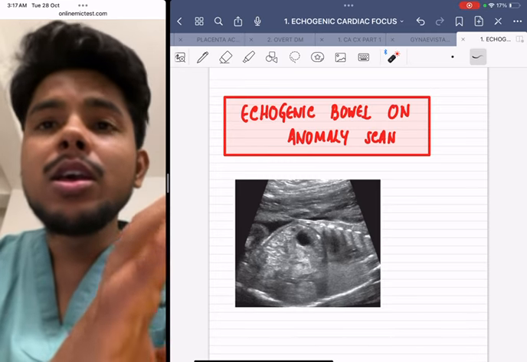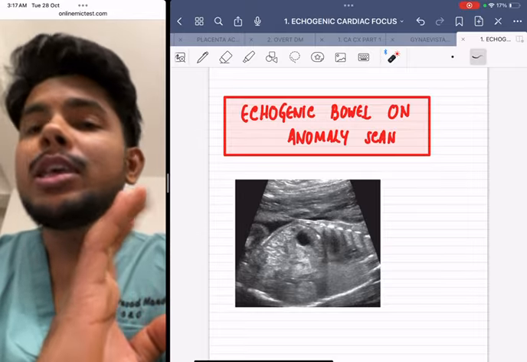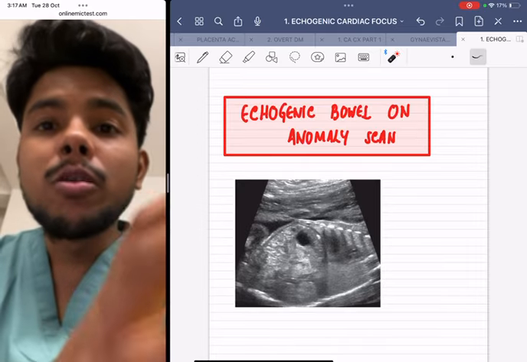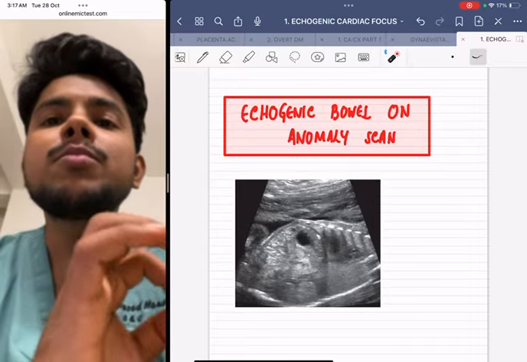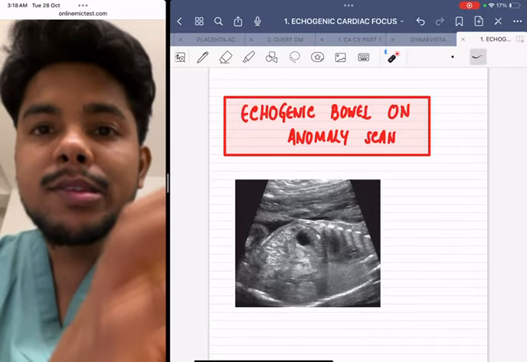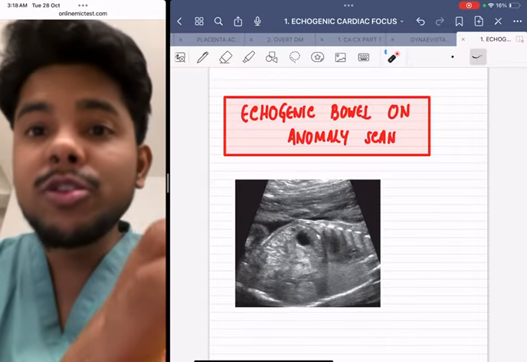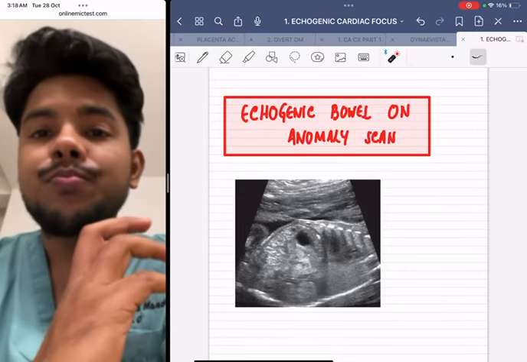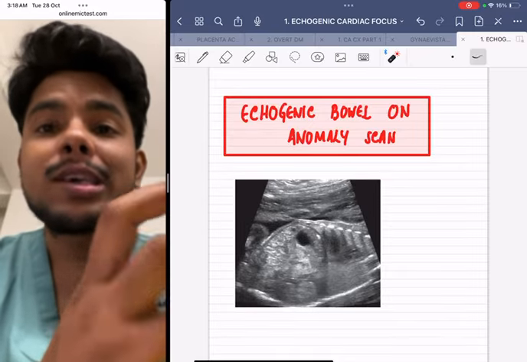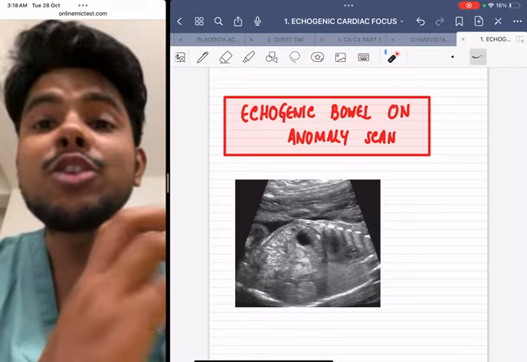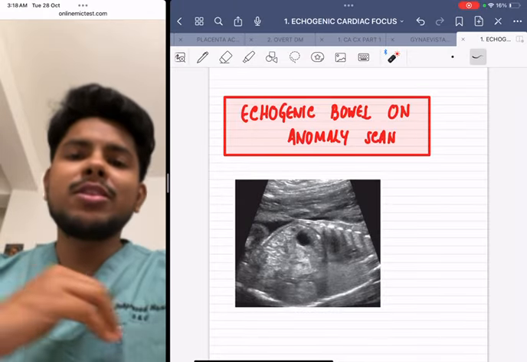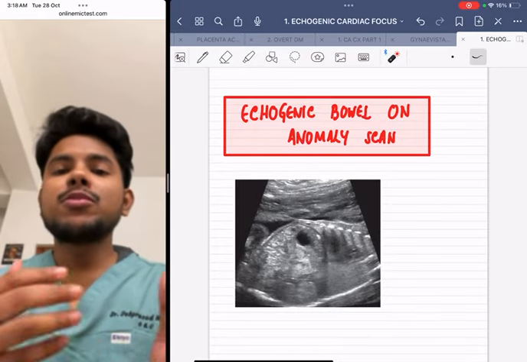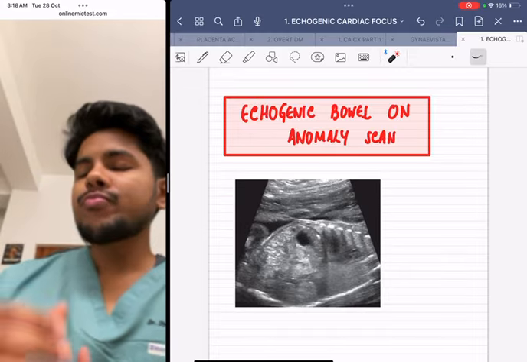That's it. If the fetal echo turns out to be absolutely normal, just give the parents reassurance, counsel them properly that there is nothing to be worried about. It is going to resolve on its own within 4 to 6 weeks or 8 weeks max. It almost never persists beyond 8 weeks.